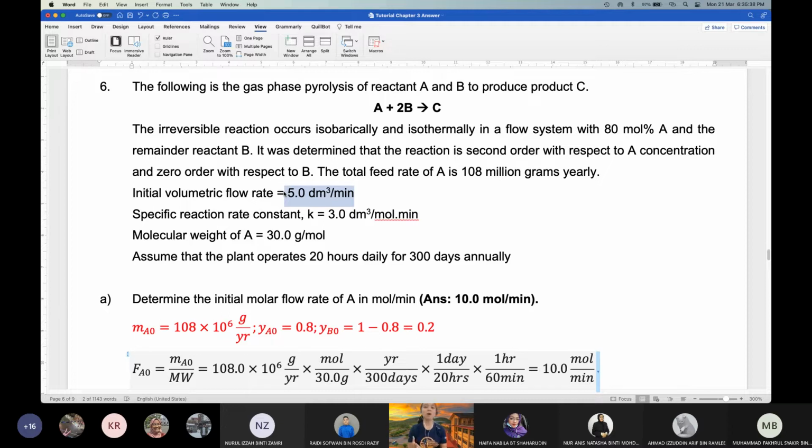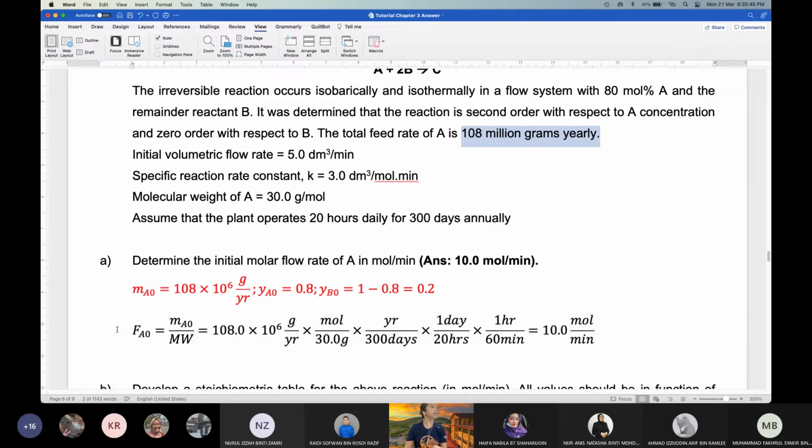The only other information possible for you to use is the 108 million gram yearly. So we know the initial mass flow rate of A is 108 million gram per year. So we have gram per year, but we want to find FA0 in mole per minute. So you have two challenges, right? The dimensions of mole and mass are not consistent, that's the first challenge. The second challenge, the time unit is also not consistent: one is year, the other is minute. So we have to convert both.